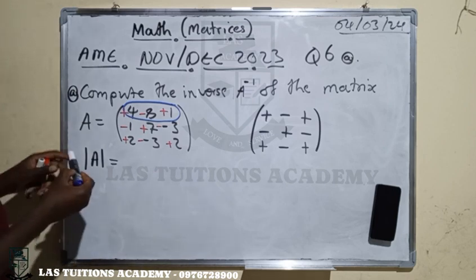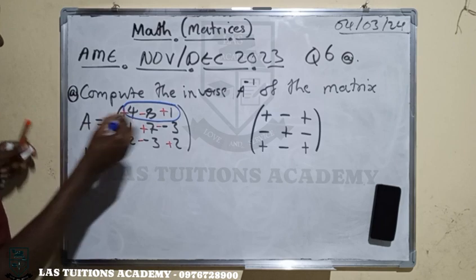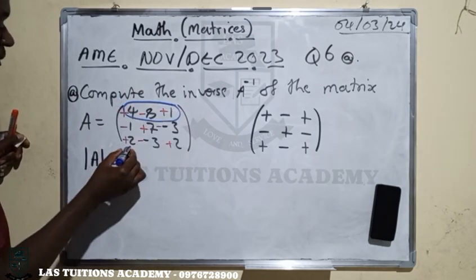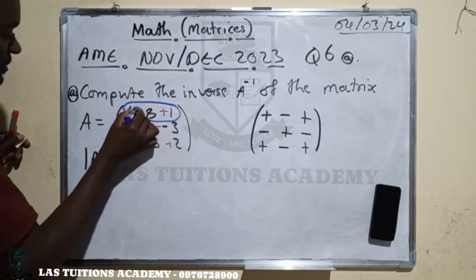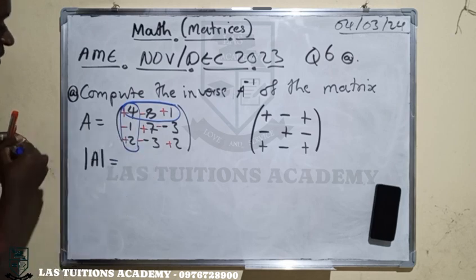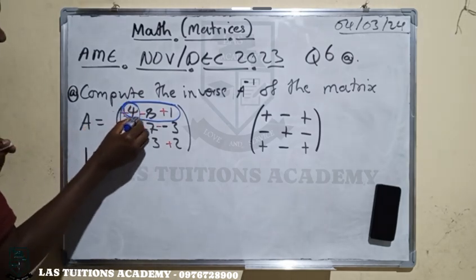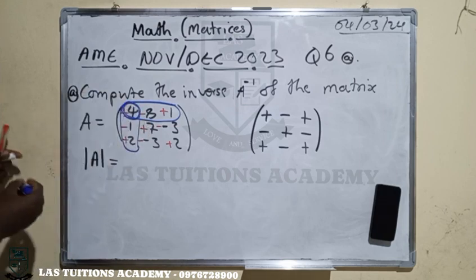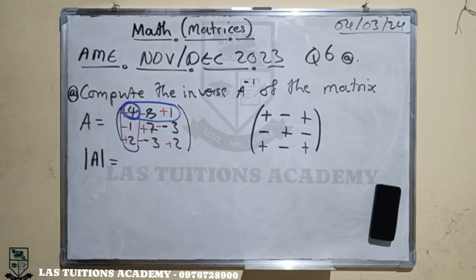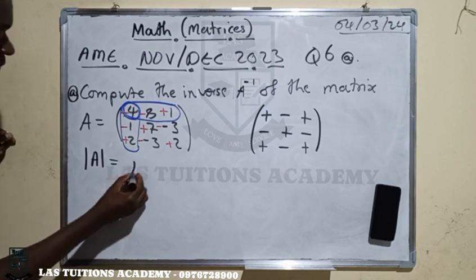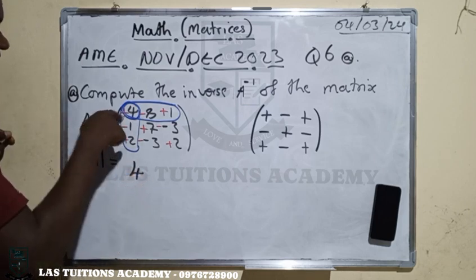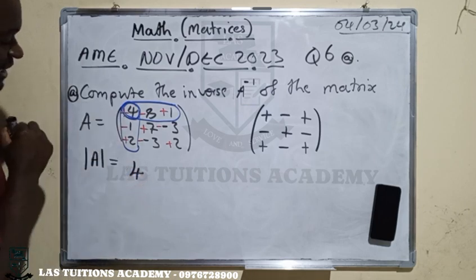Since we are dealing with this row, we can lock this column. After we have locked this column, we pick this number, which is in the intersection, in the middle there, which is 4. So we pick the 4. When you look at the position sign, it is positive, so we leave it just like that.